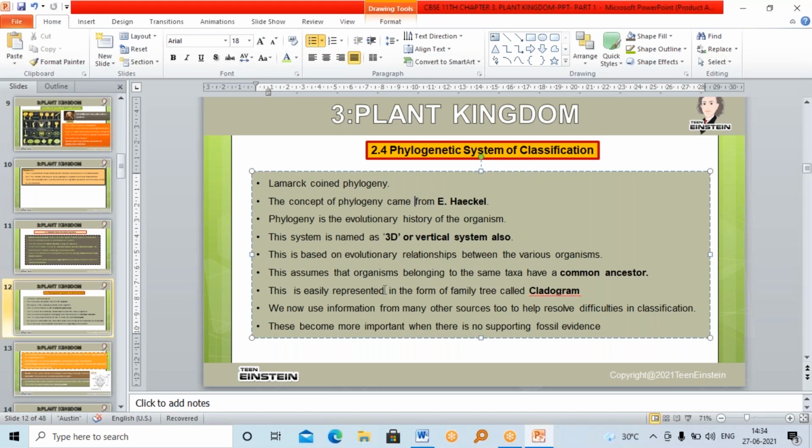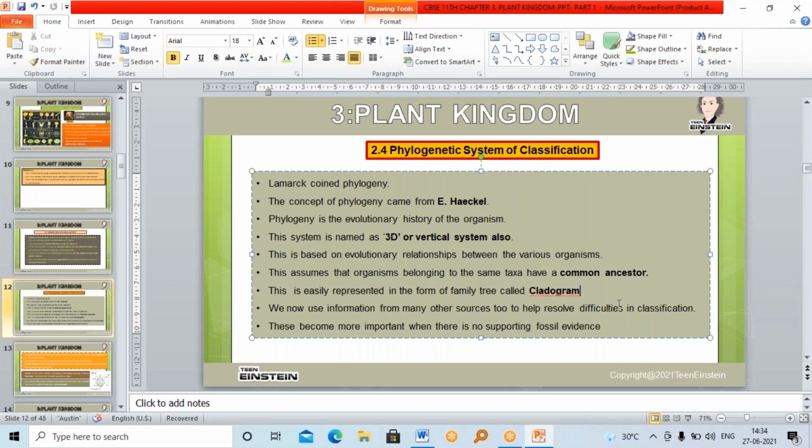The organisms belonging to the same group have a common ancestor, and this is easily represented in the form of a family tree called a cladogram. The family tree representing the phylogenetic system of classification is called a cladogram.